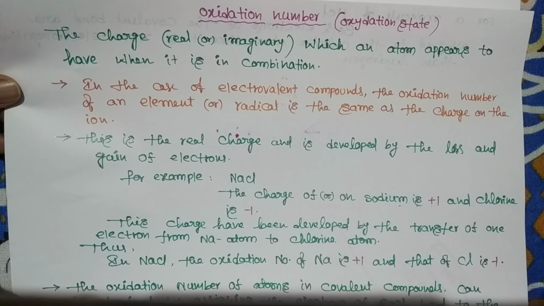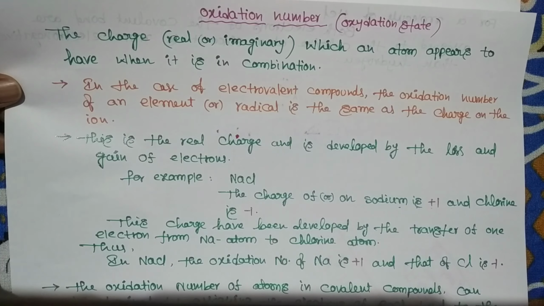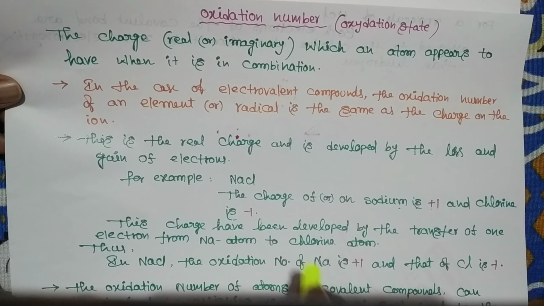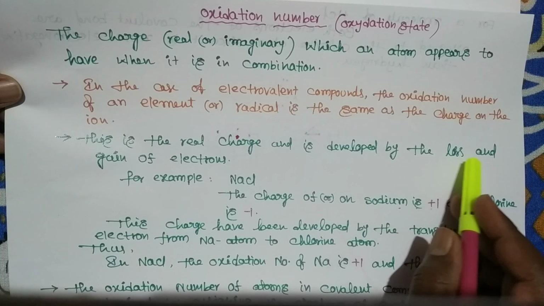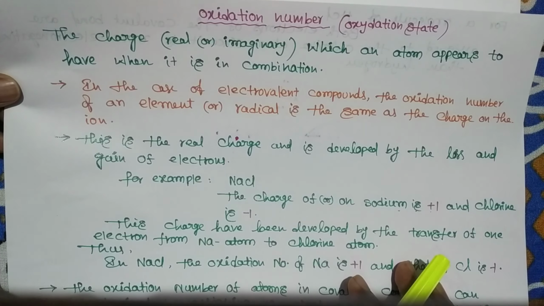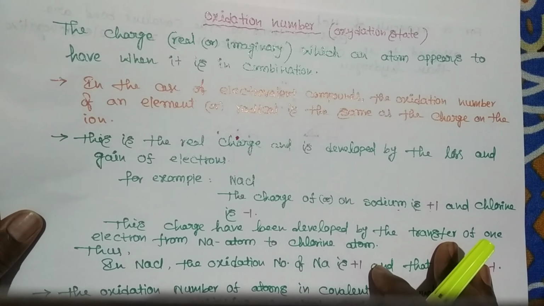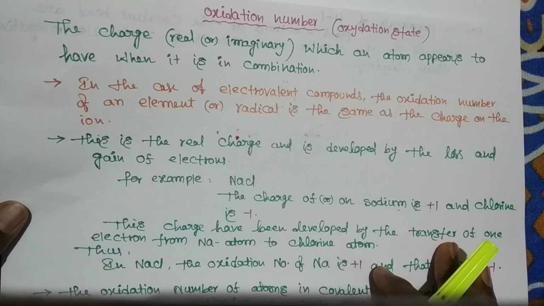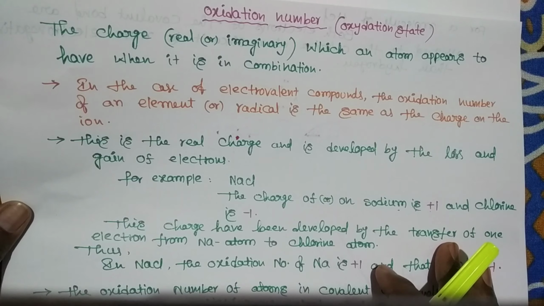How much charge is present on that atom, that is the oxidation state in ionic compounds. This is the real charge, and it is developed by the loss of electrons or gain of electrons by those atoms or radicals.